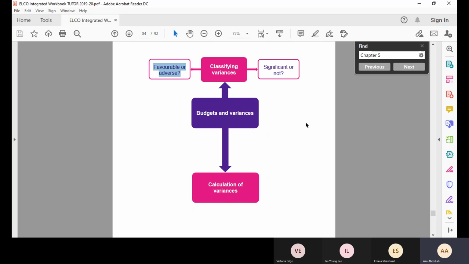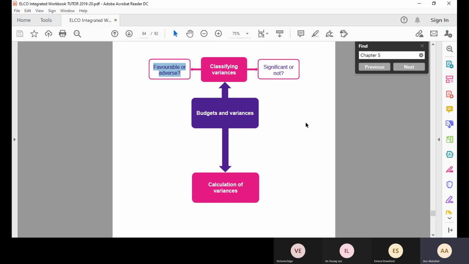So you have a ratio where, if it is in excess of the ratio, it is going to be significant. If it is less than the percentage you're expecting, it is not going to be significant. Again, we'll look at that in a practical question.